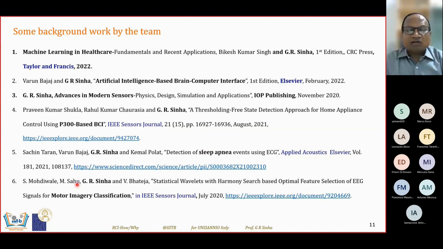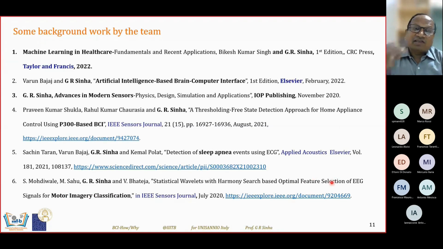There is another work that again appeared in IEEE Sensors Journal two years back: statistical wavelets with harmony search optimal feature selection of EEG signal for motor imagery classification. The title is very interesting. Motor imagery classification means what kind of movements a person is doing, and look carefully at optimal feature selection.